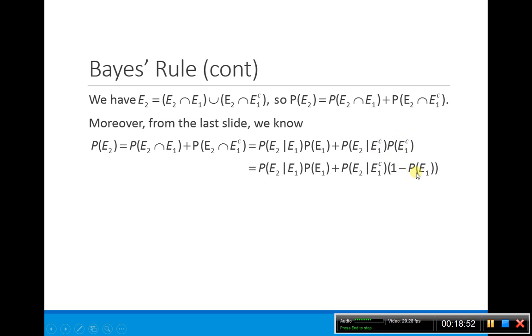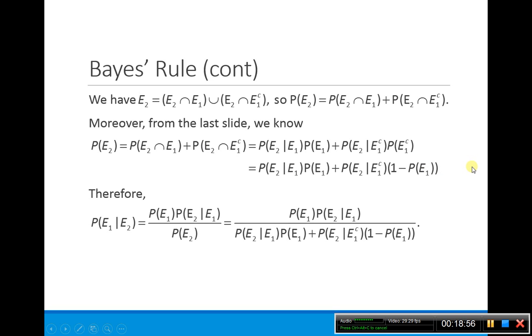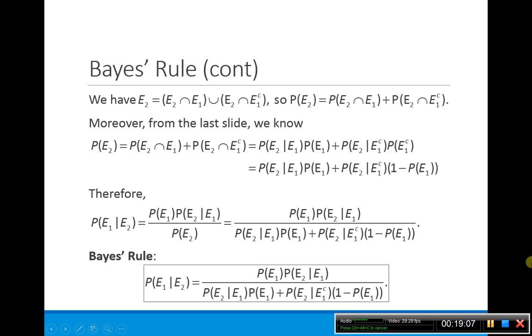That's just 1 minus the probability of E1. So now we have the probability of E2. We put that in the bottom here. So now everything is in terms of something that we know about. So we get Bayes' rule. It looks complicated, but it's a way of figuring out the probability of E1 given E2, knowing all this other information.